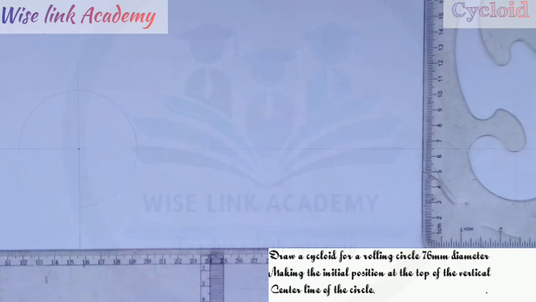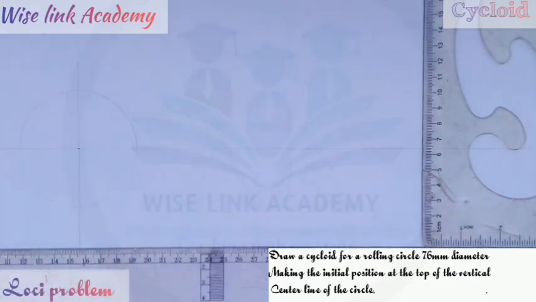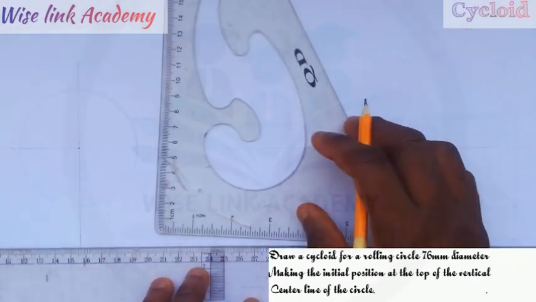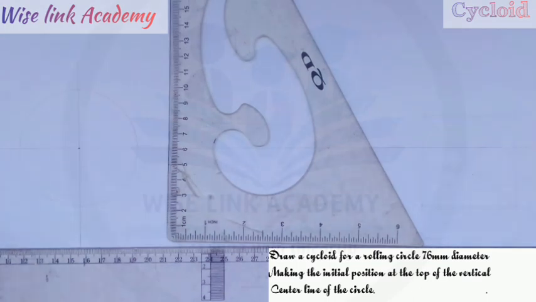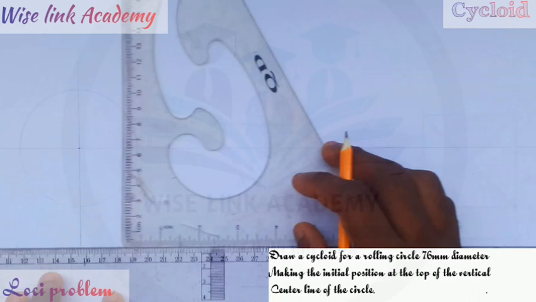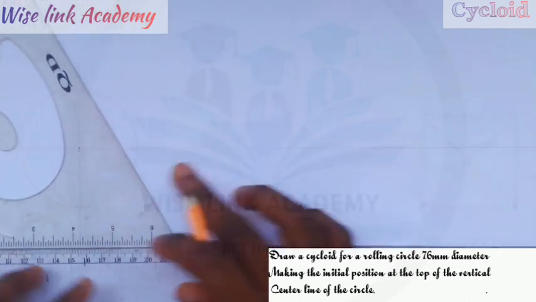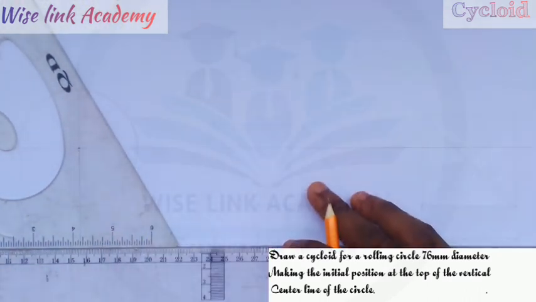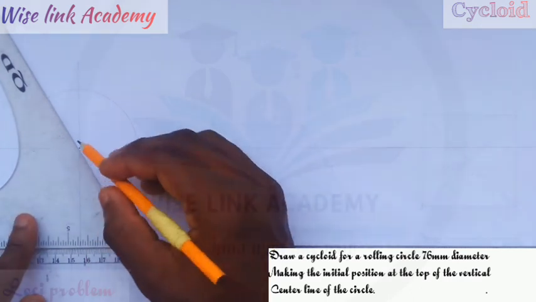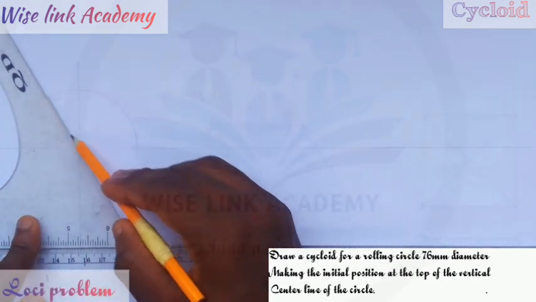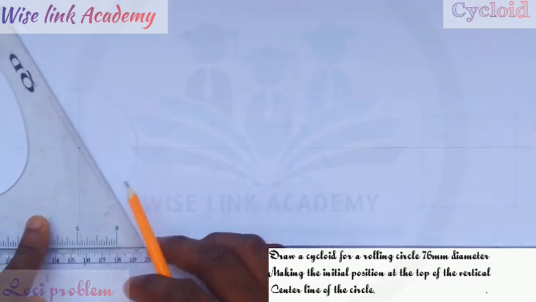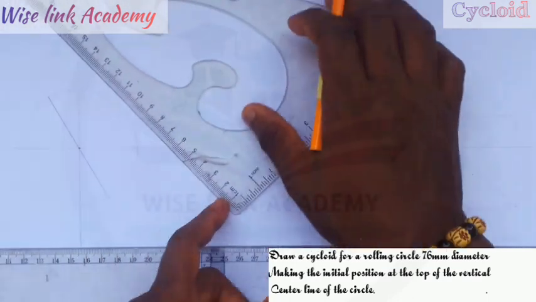Having produced the circle, what is my next task? My next task is to divide that circle into 12 equal parts. I can use my set square to do that, or perhaps use my compass. But to make it easy and fast, here's my set square. If I take my set square this way, take it this way for line 1.